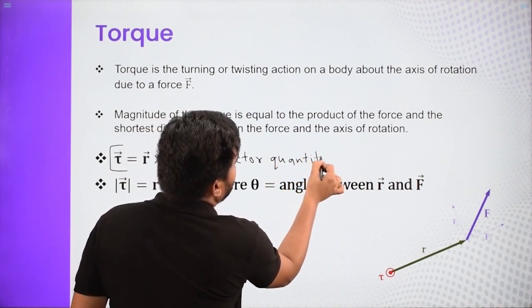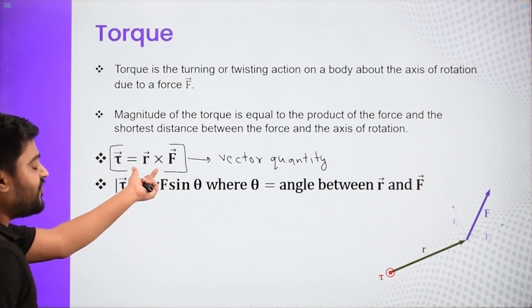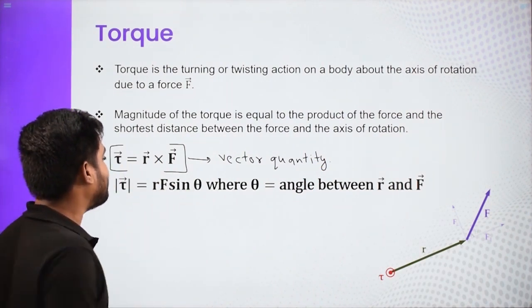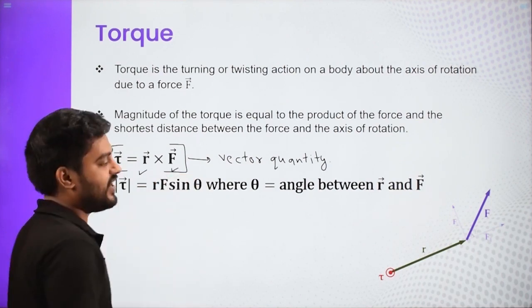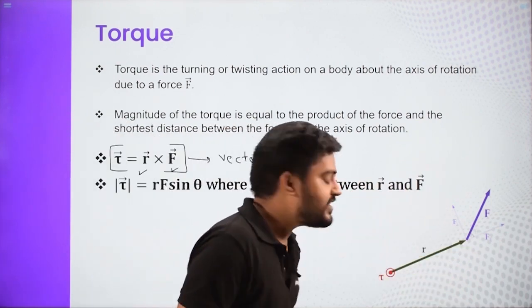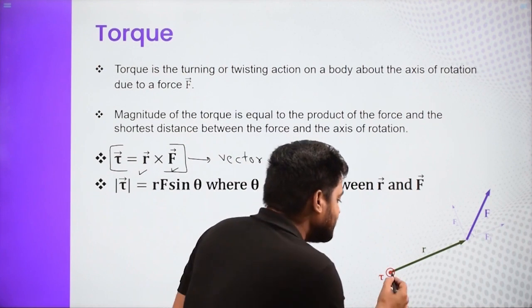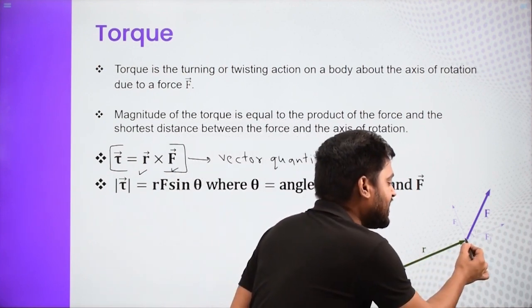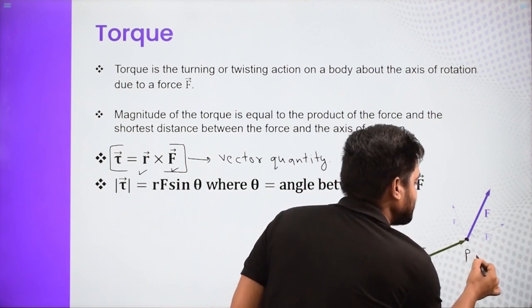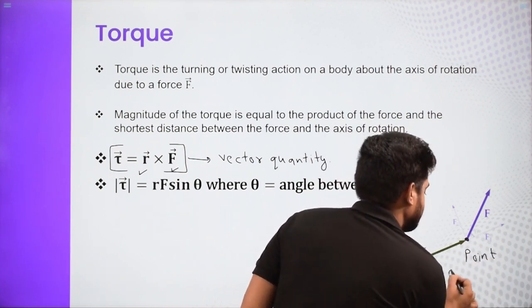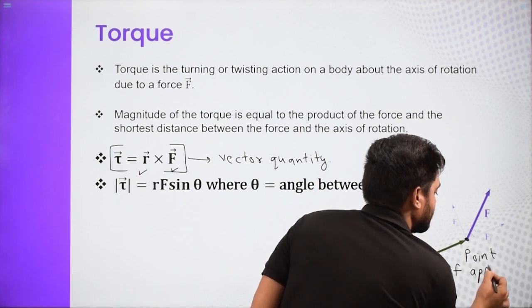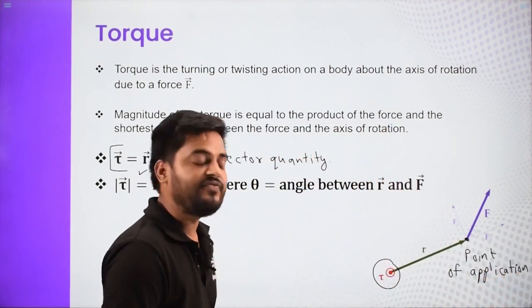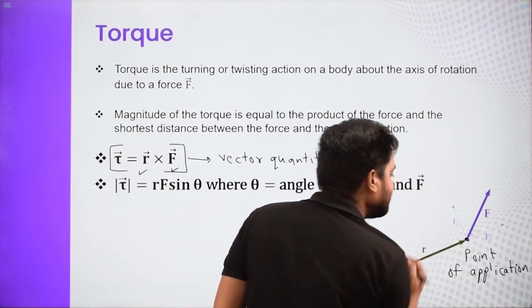Torque is a vector quantity, and if we want to get just the magnitude, then that is RF sine theta. What is theta? Theta is the angle between our R vector and F vector. So this is a case where this is our axis of rotation, and from here there is a point of application, where a force capital F vector has been applied at an angle theta from R vector.